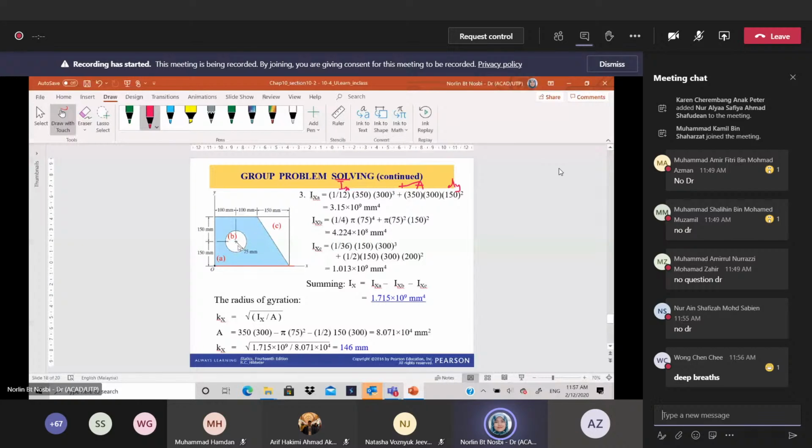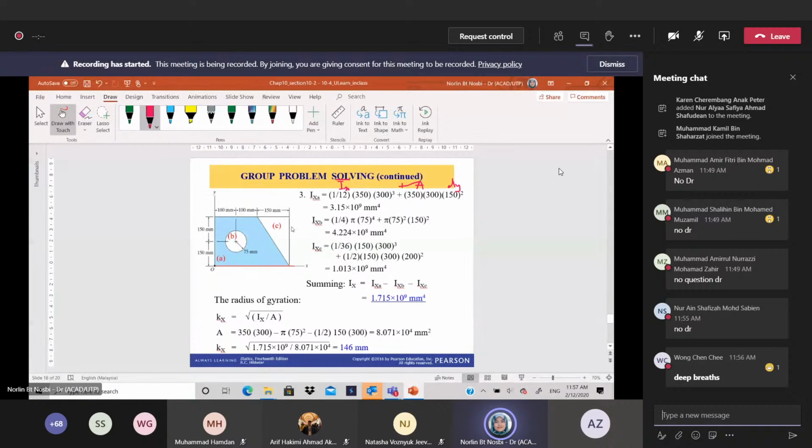Why is it 200? Because it's 1/3 of h. So h/3, the center is at h/3. Right, this one would be 100.